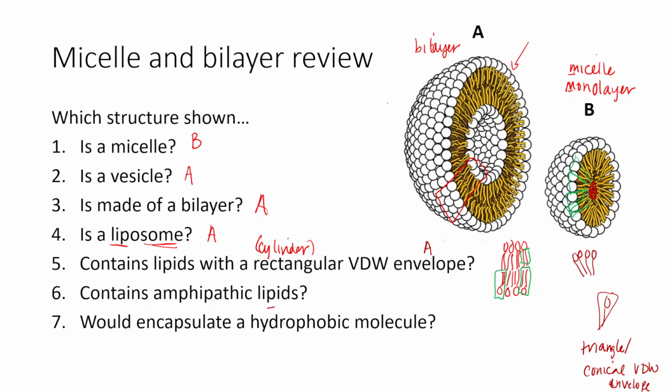All right, so number 6 then. Which one has amphipathic lipids in it? Yes, it is both of them. So you can see from the way they're drawn, all of them have a part that's facing the outside environment that's drawn with these little spheres.